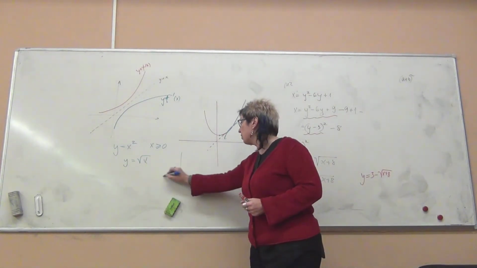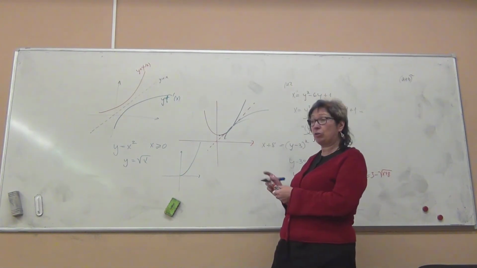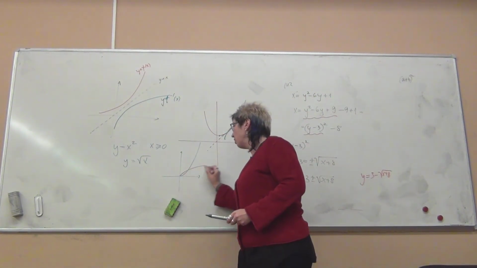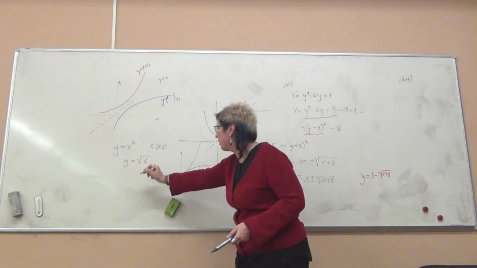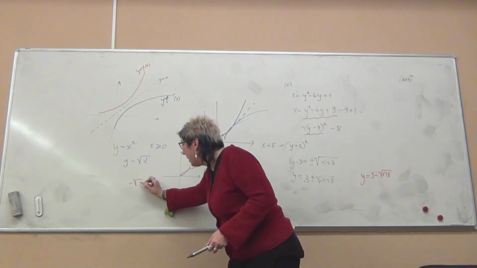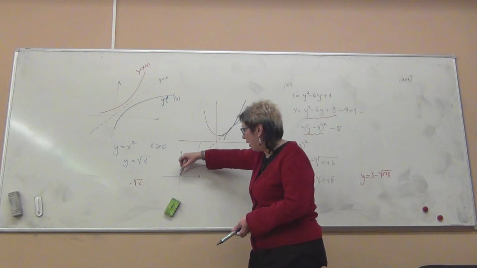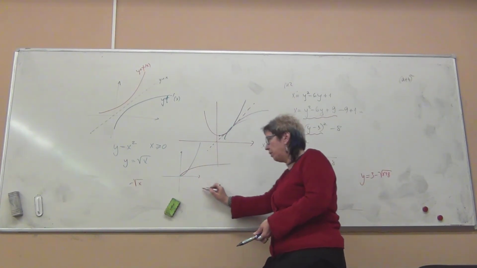That's a very simple example. The parabola x squared is this, only for positive x values, and the square root function has the graph this, half of a parabola. But if I want to take the opposite, the negative square root of x, that would mean I have this part of the parabola reflected, and that will be this part.